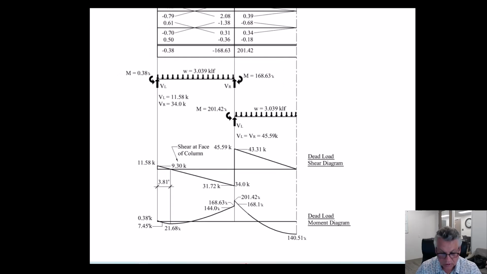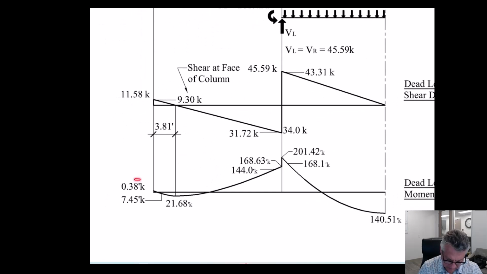So just like we did with the beam example, we figure out the center line moments and shears and reduce the moments based upon that shear diagram to the face of column. So in this particular case, we actually had a negative moment at the center line, but it becomes a positive moment by the time we get to the face of the column.